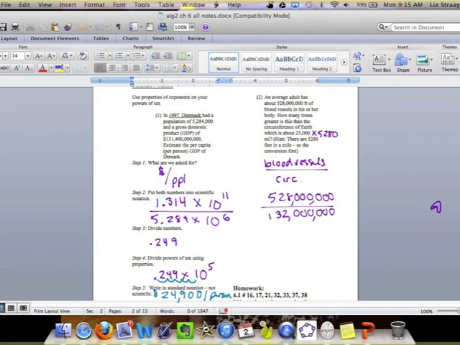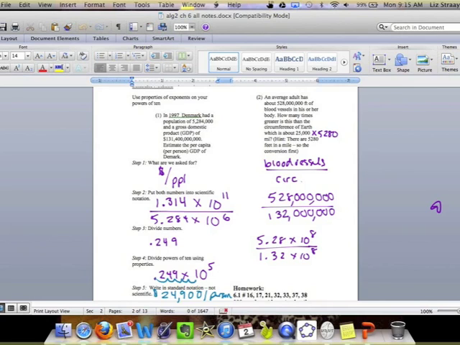Okay, so then if we're going to go through this same scientific notation, yes, we could just divide them just the way they are and skip these steps. But the point is practicing with these properties of exponents and looking at how scientific notation works. So if we're going to turn this into scientific notation, we would go 5.28 times 10 to the 8, divided by 1.32 times 10 to the 8th.